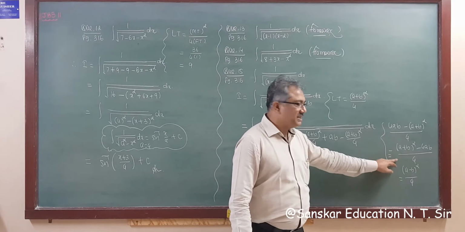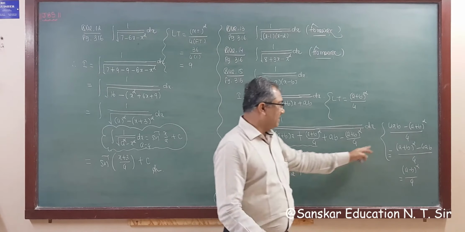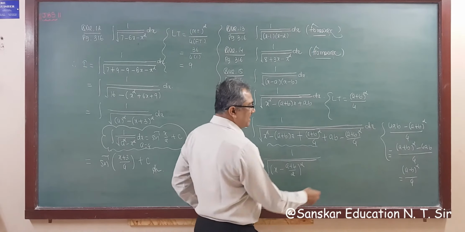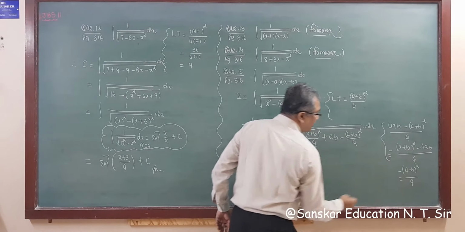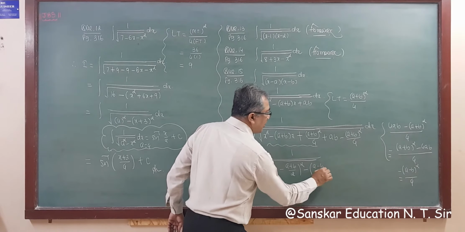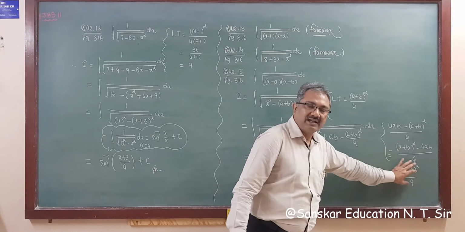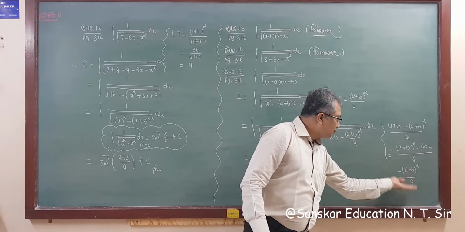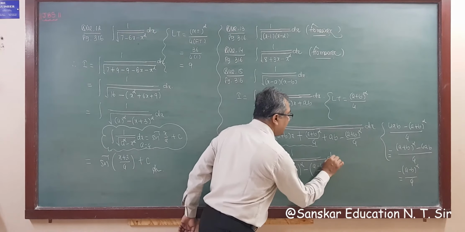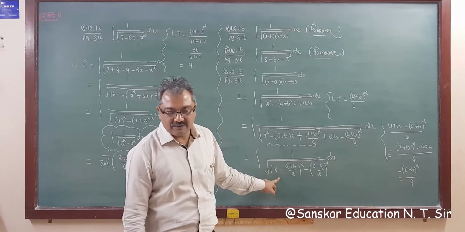So no need to write this simplification here because 3 steps are more there. 1, 2, 3. So I am writing directly this step, taking minus common here. So minus, and simplification of this, (a minus b upon 2) whole square. I am writing this as 2 square and taking 2 inside the bracket, so it becomes whole square, right? And dx.